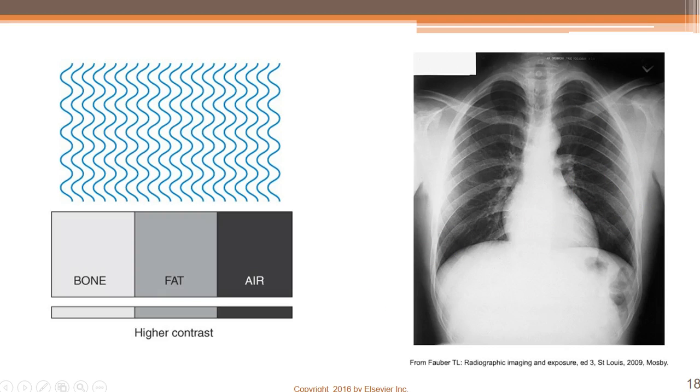And this particular region in the body creates high subject contrast because the tissues attenuate very differently, and that would be different for an abdomen. So, you know, the air-filled lung, the heart full of liquid, and then the bony thorax. This is a very contrasty film.